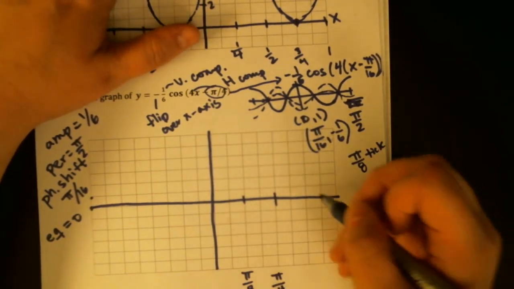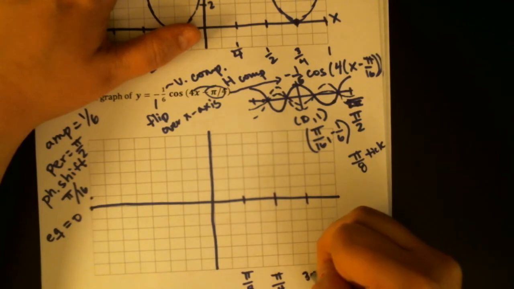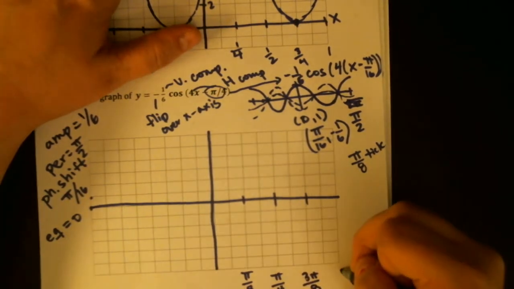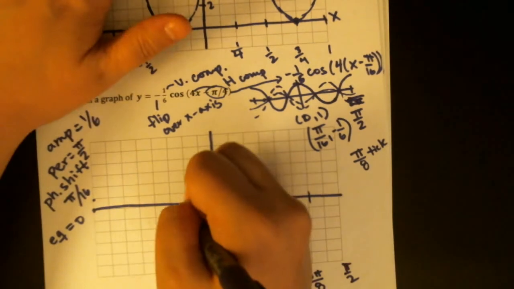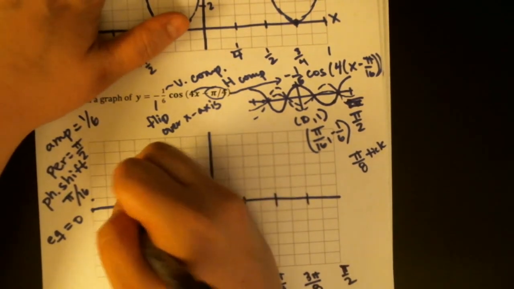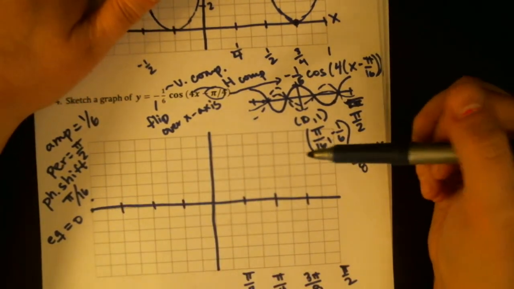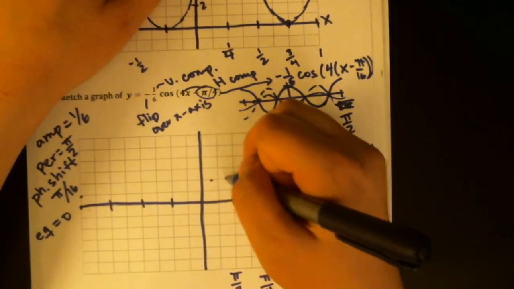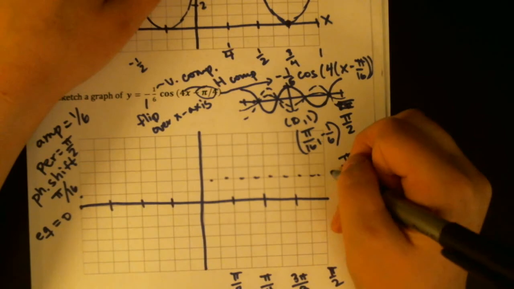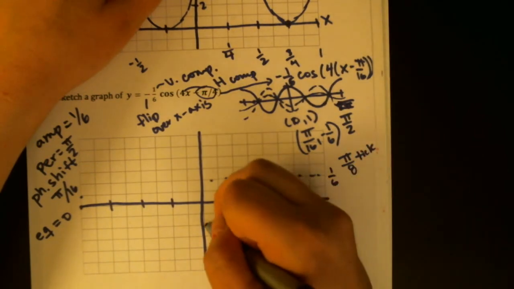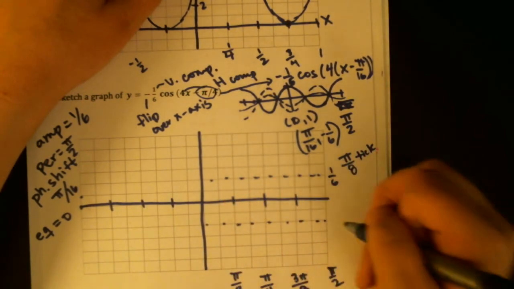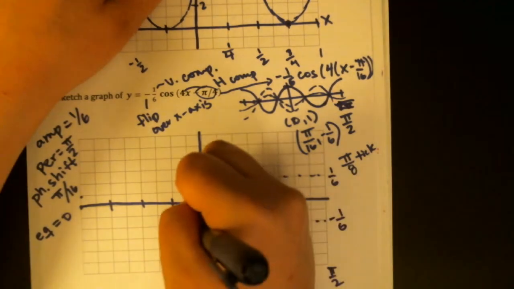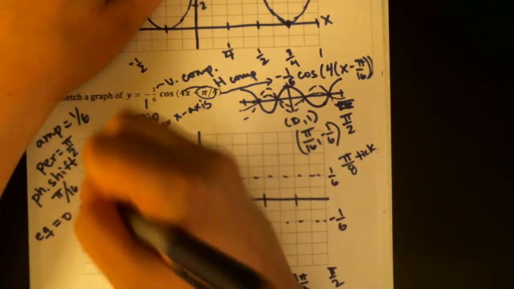So that's 2 pi over 8, 3 pi over 8, and then 4 pi over 8 is a pi over 2, and then similarly on this side. Okay, so we know that the top of our graph should be at 1/6. So let's just say this is 1/6. So in your head, you should be aware that it's really little, but we can zoom in so that it's not unmanageable to try and graph it.